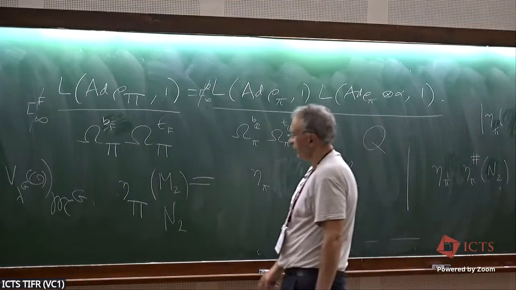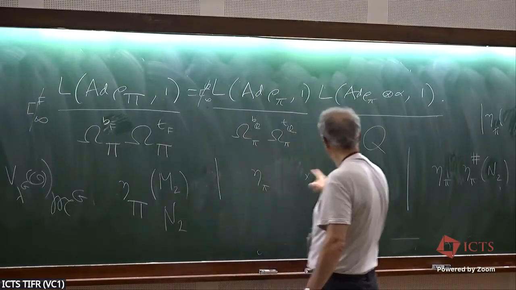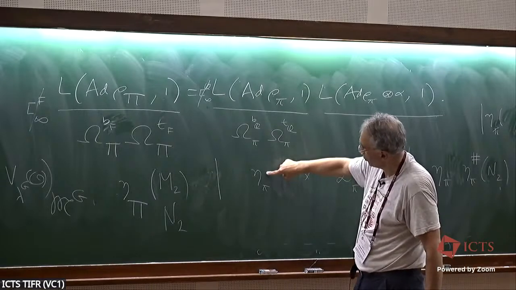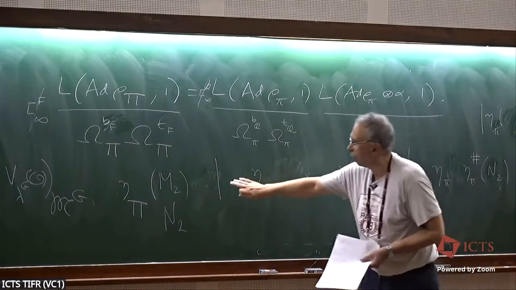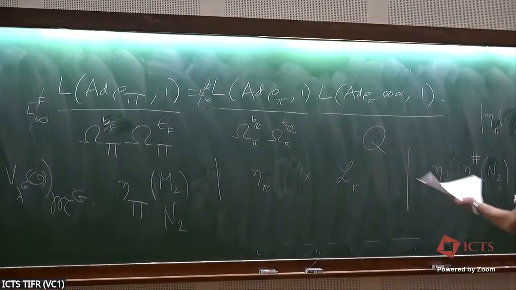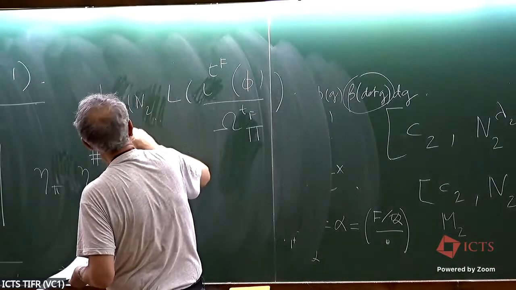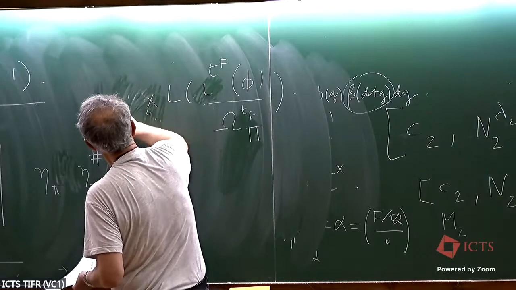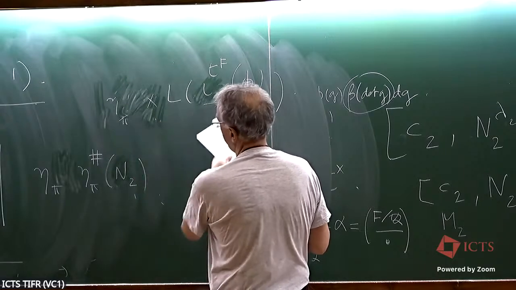Divides, because this is the Hecke thing. The Hecke thing is a multiple of, so we get this, an eta pi times this. This divides this.